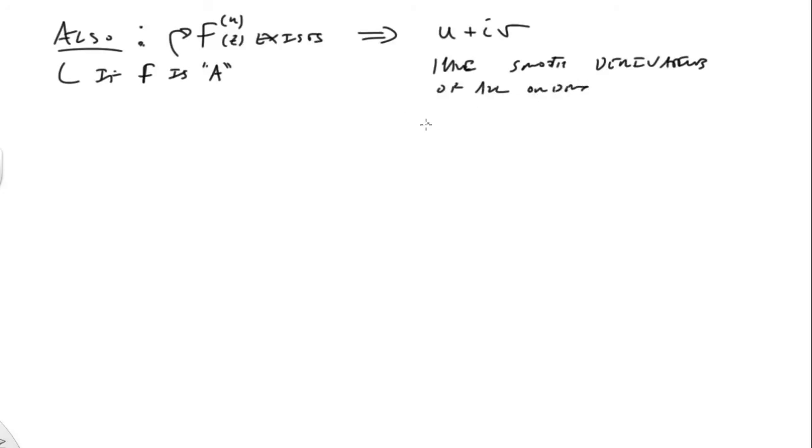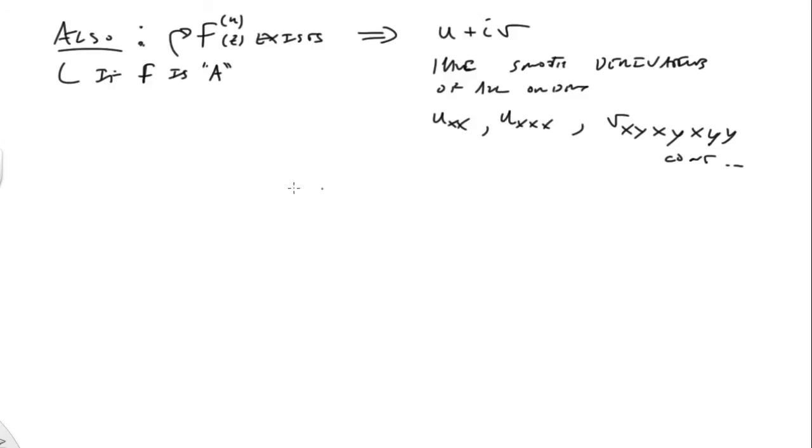And that means that uxx is continuous, uxxx is continuous, vxy, vxyx, vxyy is continuous, and so on and so forth forever. All orders of derivatives are continuous. And so that's a nice result that comes out of this.